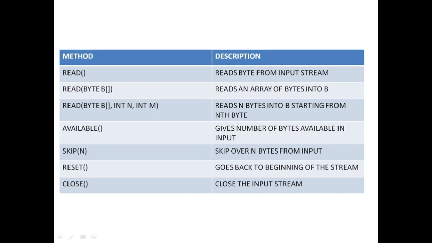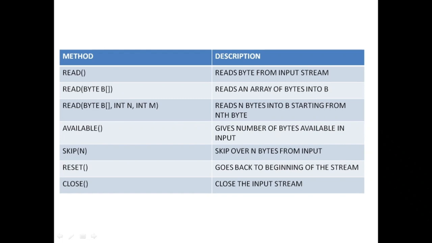Next one is read, where you will pass an argument, that is an array of bytes. So it reads an array of bytes and puts it inside B. B is an array, that is, a continuous memory location reserved for storing an array of data which is being read by one of your byte input stream classes.